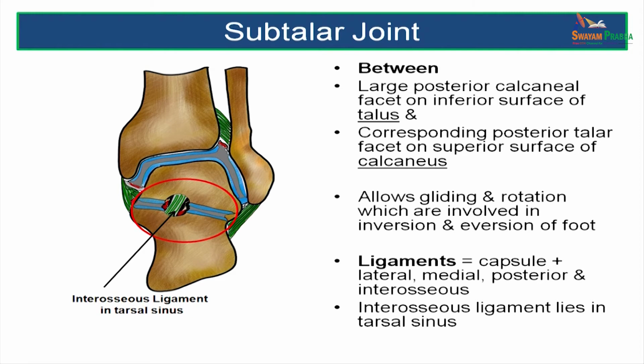The talocalcaneal joint allows gliding and rotation to take place, which is a movement involved in inversion and eversion. The ligaments of the subtalar joint are the capsule, the lateral, medial, posterior and interosseous portions of the ligaments, as well as the interosseous ligaments of the tarsal sinus.